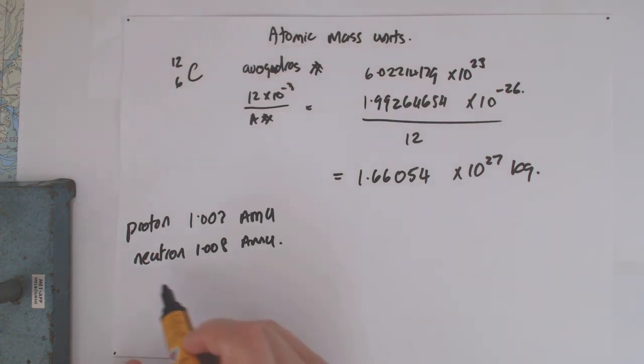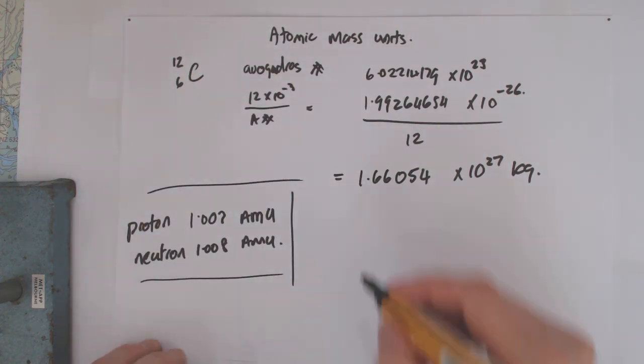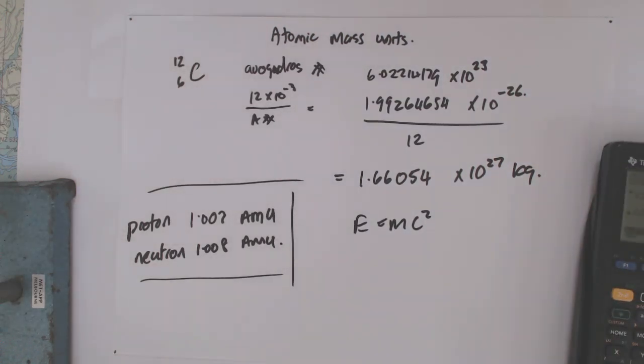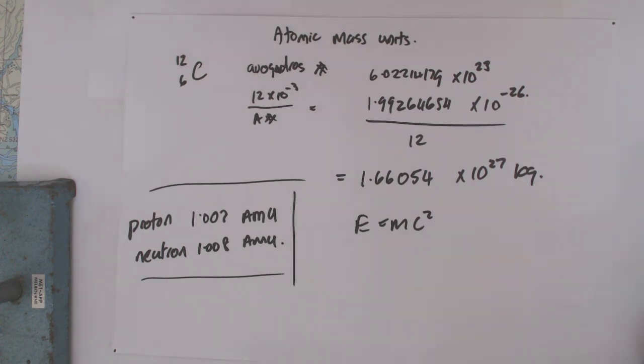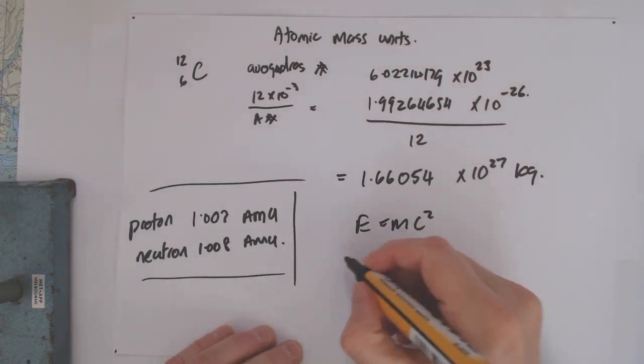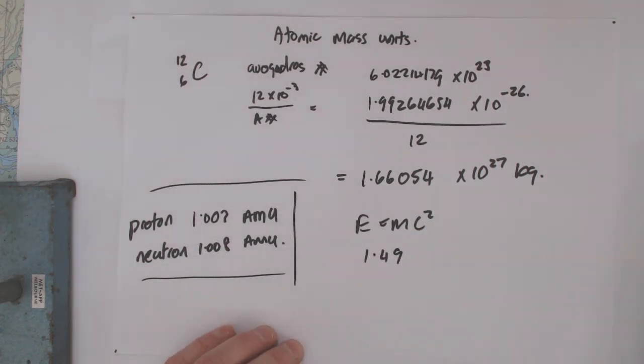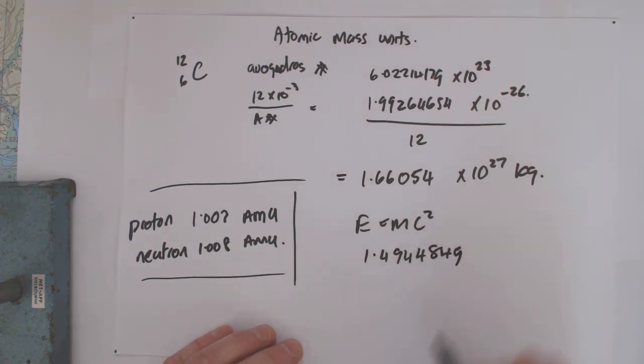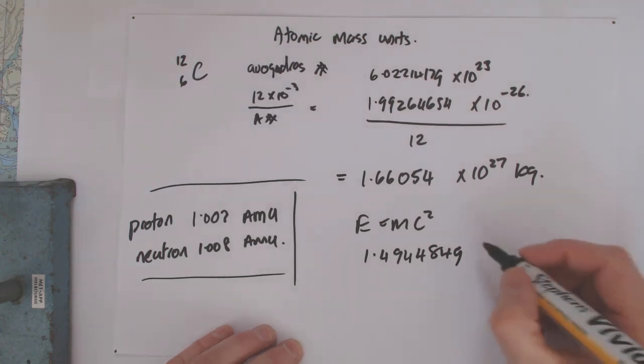Let's also convert the atomic mass unit into electron volts. So we'll use our E equals mc squared, and we'll find out how much that's worth. So that's the mass times 3 exponent 8 squared, and we end up with 1.49448 times 10 to the minus 10 joules.